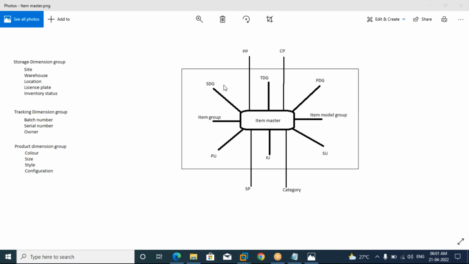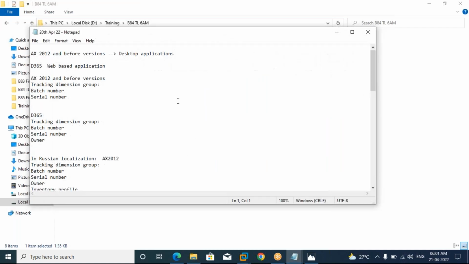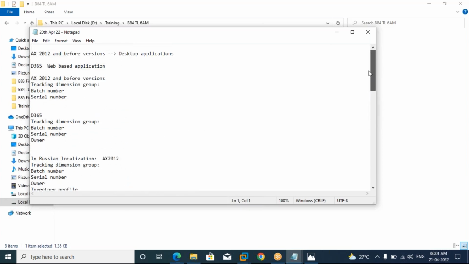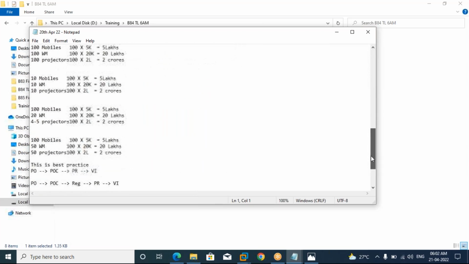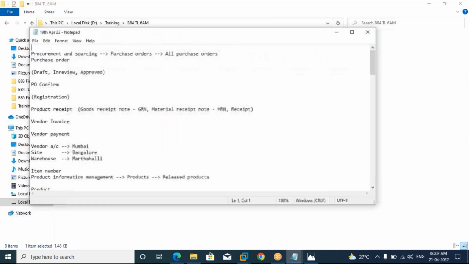Okay, the first most important is the storage dimension group. In this storage dimension group, we understood that currently in D365, we have site, warehouse, location, license plate, and inventory status. But in the previous versions, in AX 2012 R2, it is site, warehouse, location. Let me open that file.